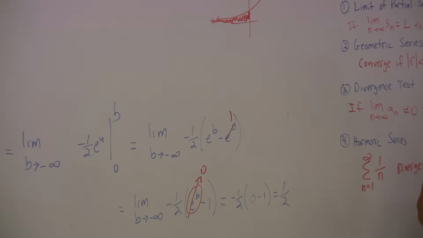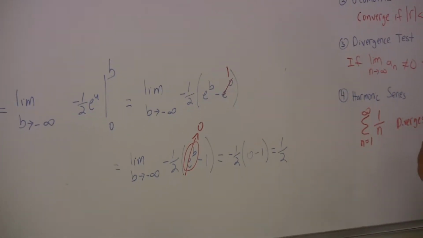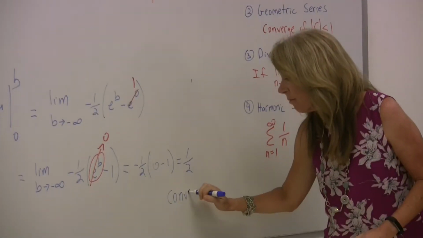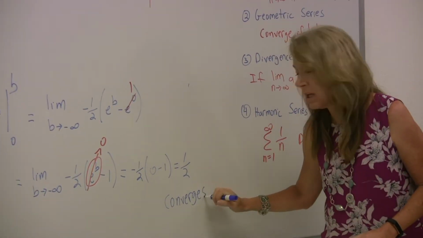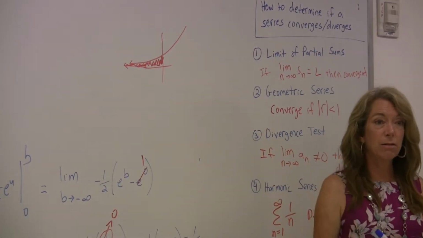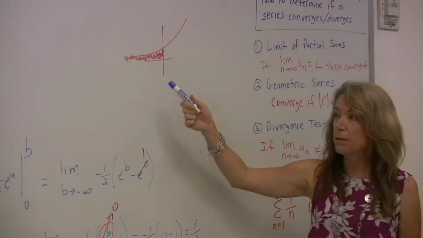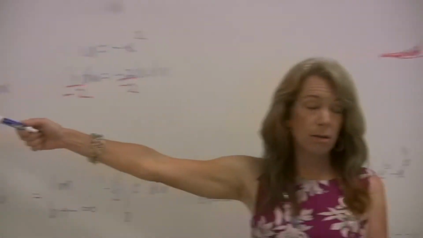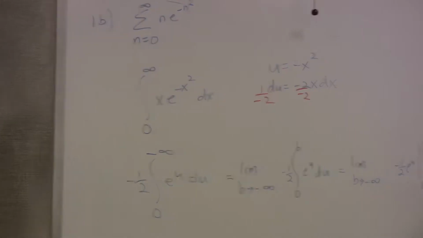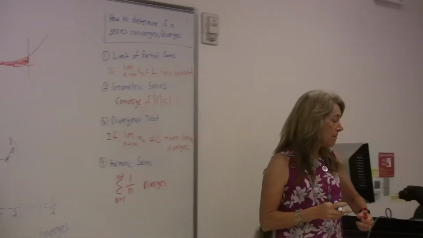If I know that that area equals 1/2, then we know it converges. The integral converges to 1/2. And this integral is the same as the original integral. We drew this picture to be different in shape, but same area. We know they're equal. Am I done?